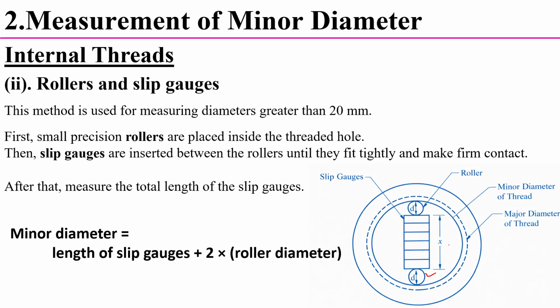Then the minor diameter will equal the length of the slip gauges plus 2 into the roller diameter.